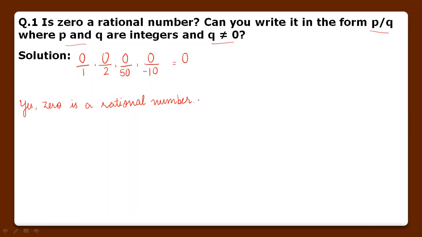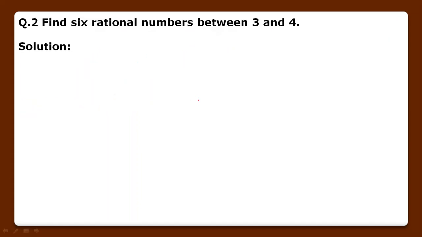Now let's come to second question. Find 6 rational numbers between 3 and 4.